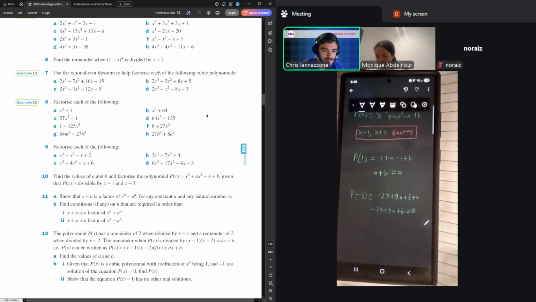This should ring a bell from some other aspects of methods. What do we do in these sorts of circumstances? Simultaneous equations? Yeah, simultaneous, precisely. Whatever method we want here. You could do elimination, you could do substitution.